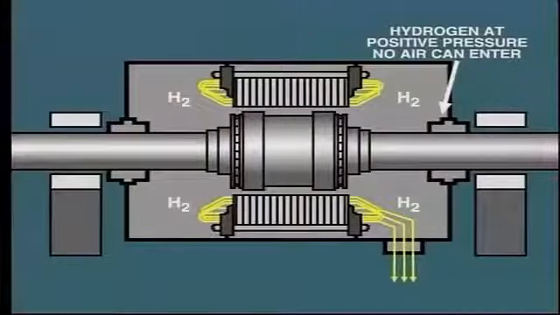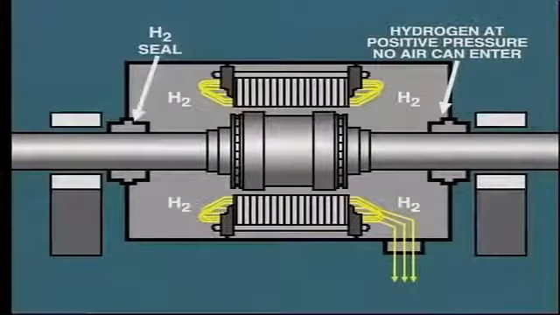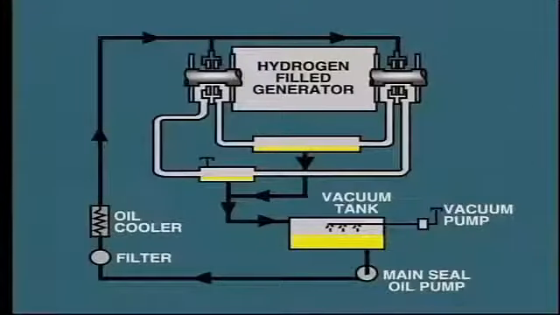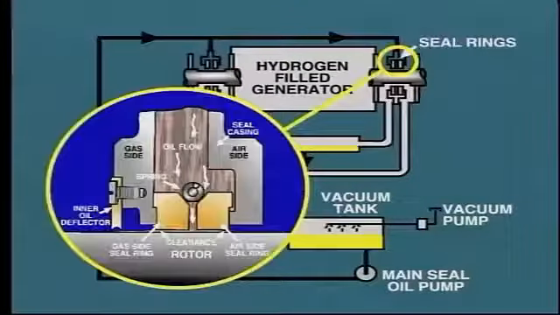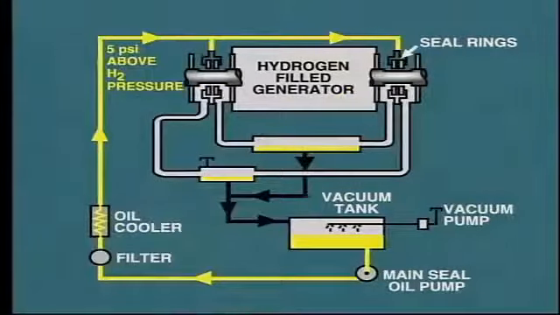In order to prevent hydrogen leakage around the shaft, hydrogen seals are fitted inboard of the bearings at each end of the generator. A common type of hydrogen seal consists of spring-loaded seal ring segments which lightly hug the shaft under spring tension. The segments are lubricated by seal oil which is maintained at a pressure of about 5 psi above the pressure of hydrogen inside the generator.